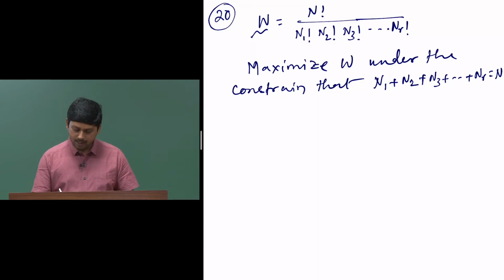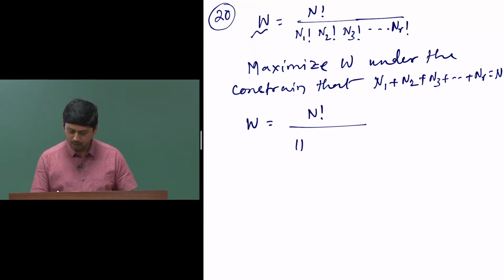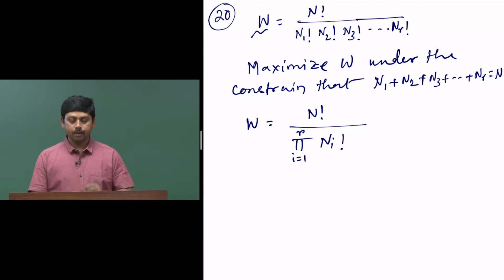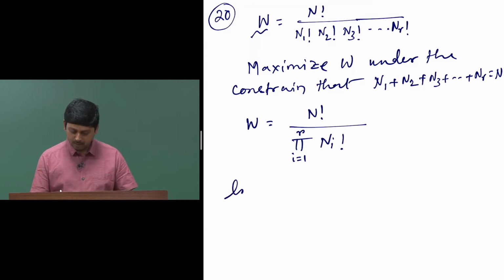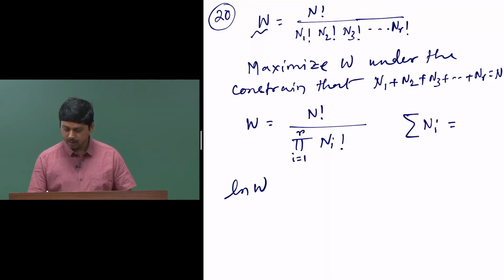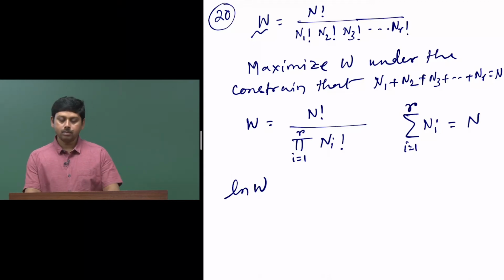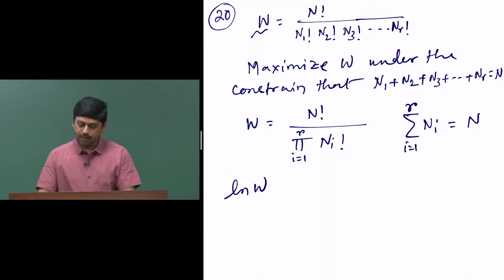So, let us do that. W is N factorial by product of i equal to 1 to R of n i factorial. So, we have to maximize ln W, and the sum of n i is N, where i goes from 1 to R. That is the constraint that we have to satisfy.